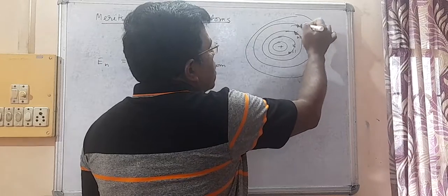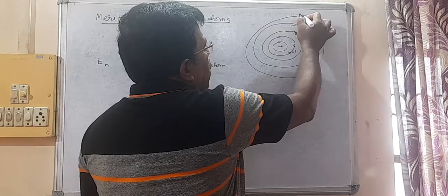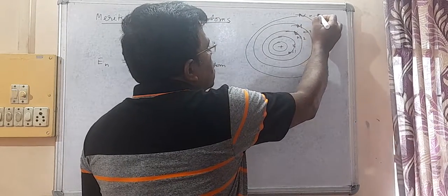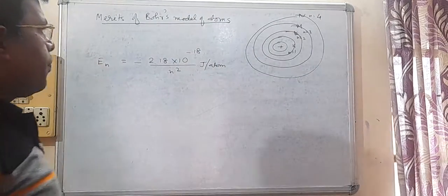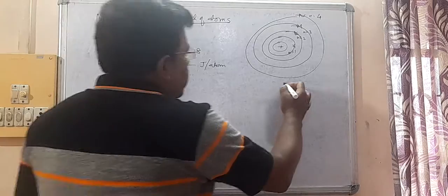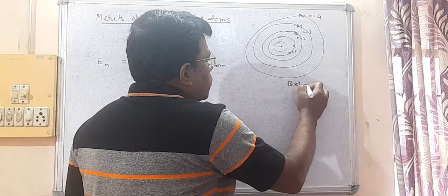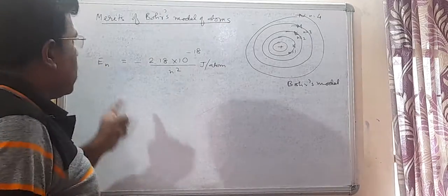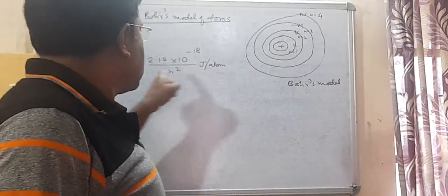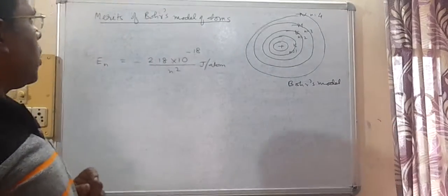This orbit is N, where n value is 4, and so on. There are many orbits, so this is Bohr's model, and the energy of a particular orbit is given by this expression.